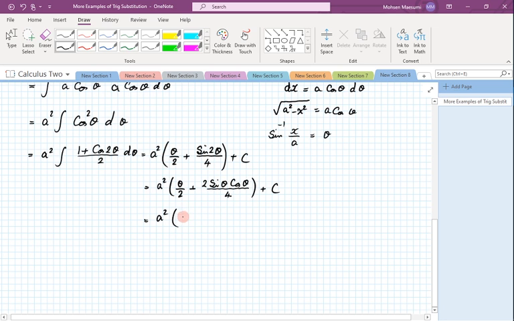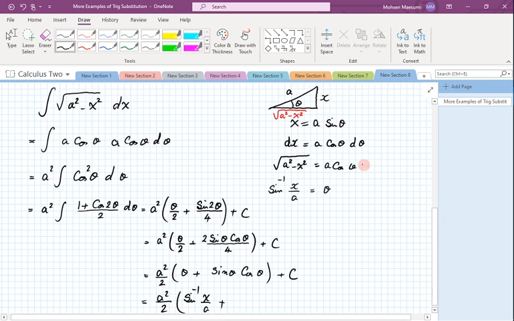So that's going to be just theta, and then we're going to put the half outside. Then I have sine of theta, cosine of theta, and a constant. So of course now I go ahead and do the back substitution. So theta was sine inverse of x over a. Sine theta, let me perhaps write it here.